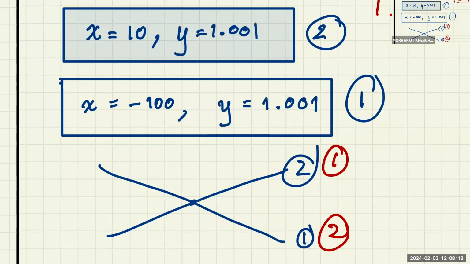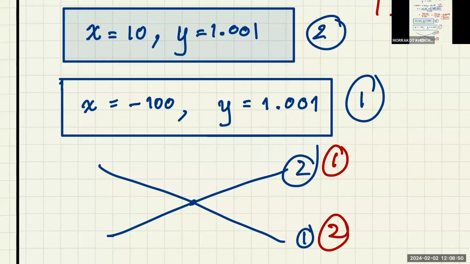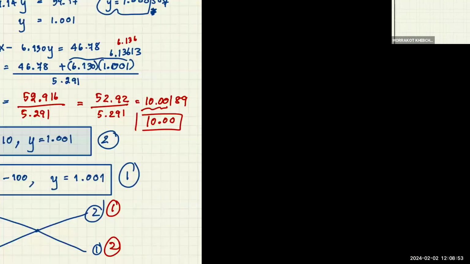It doesn't matter in real life, okay? But when we do this calculation, we use only finite digits. Keep in mind that we did it in finite digits, meaning we use only 4 digits. This is just an extreme example to show you that interchanging the order of the equations is very important, okay? I will explain more, okay?